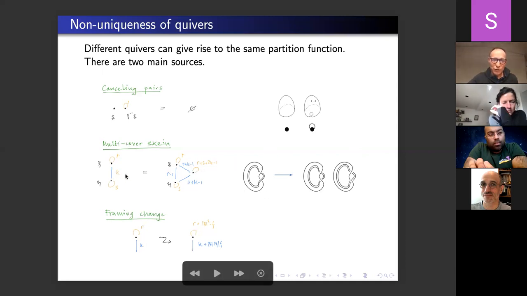So you have a 2-node quiver, you cross through, and you reduce the linking between them, it should probably be K here, by 1 at the expense of creating a new disk. So under this move, the quiver partition function is unchanged.